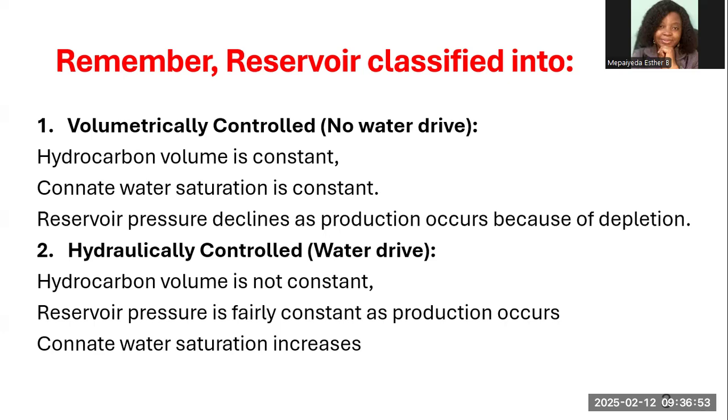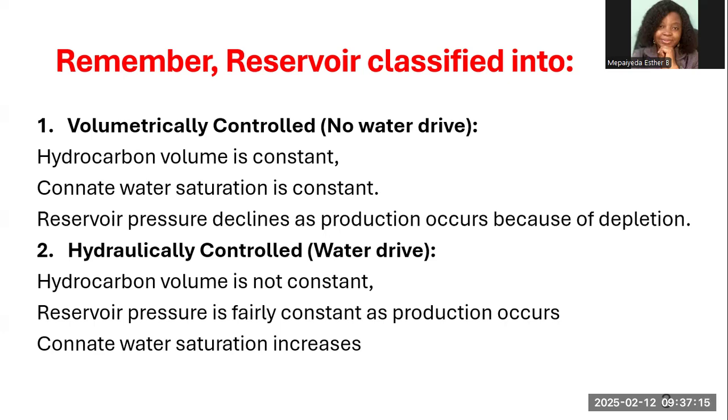As the hydrocarbon volume is produced, there is an influx of water from the aquifer or from a natural source, to replenish the pore volumes left by the hydrocarbon fluids. So in this case, the hydrocarbon volume is not constant.